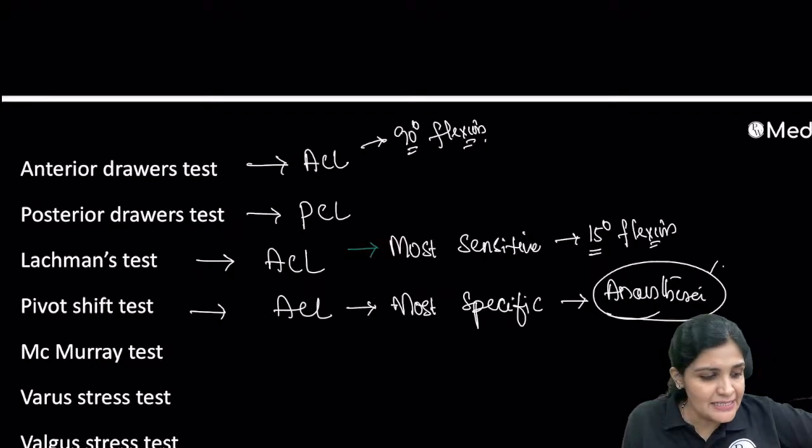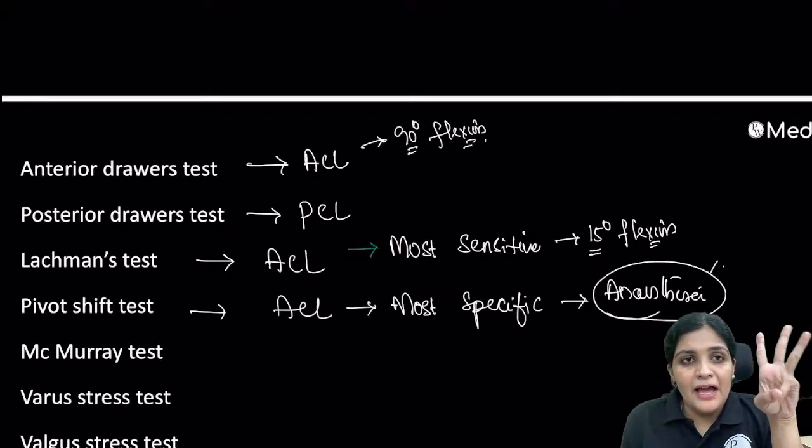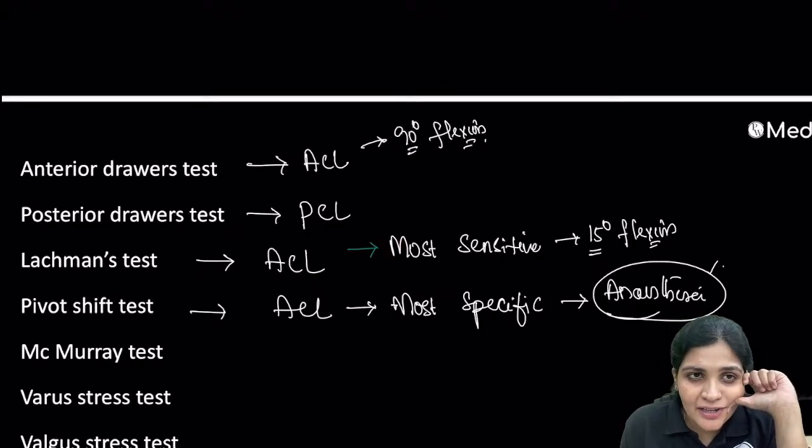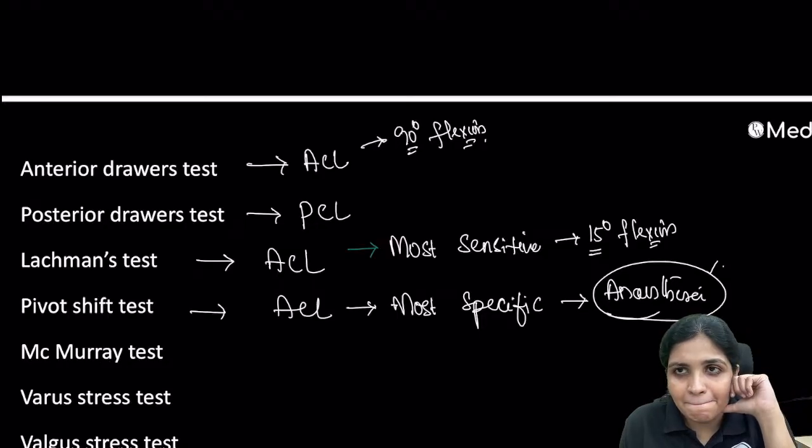Clear on ACL tests? 3 tests are there for ACL: anterior drawer, Lachman's, pivot shift. Okay, guys? Confusing? Shall I repeat? No, ma'am.